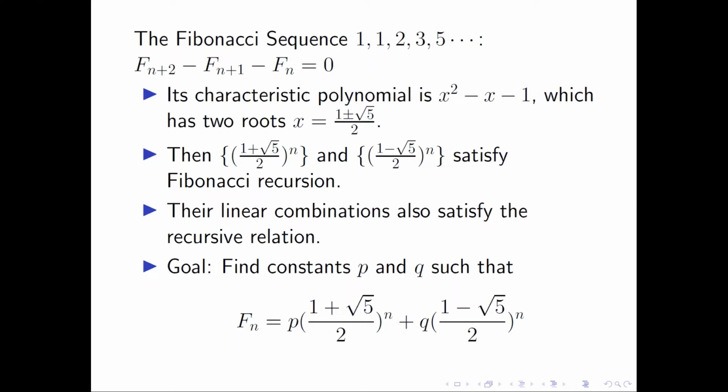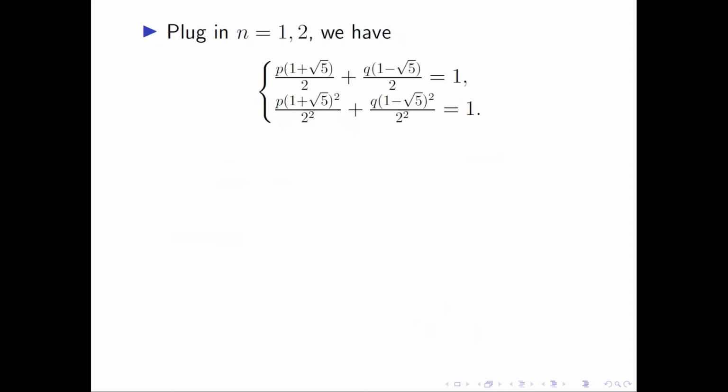Our objective is to find constants p and q such that f_n equals p times the first geometric sequence plus q times the second geometric sequence. We use the first two terms, n equals 1 and 2, to establish a system of equations for p and q.